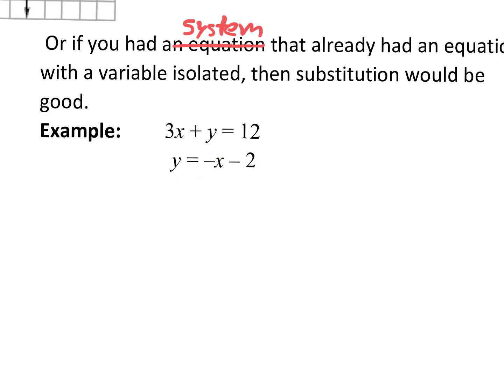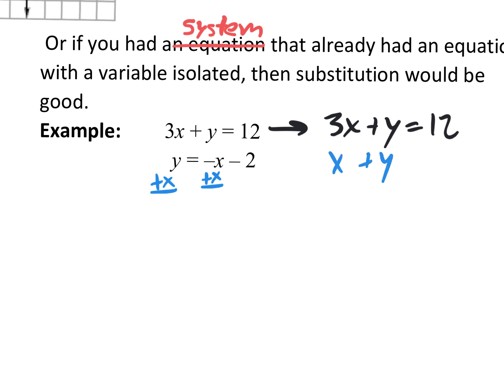So you could just change that bottom equation by adding x, and that top equation is going to stay 3x plus y equals 12. That bottom equation, you're going to rewrite as x plus y equals negative 2. Now, here's your system that's now organized.